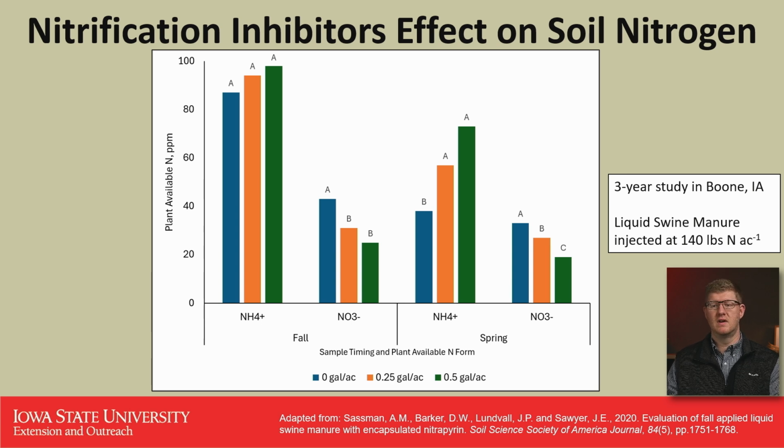And we had lower nitrate where we had the inhibitor products as well. So it's really nice to see that these products were doing what they should be doing, keeping the nitrogen as ammonium and reducing the amount that actually made it into that nitrate molecule. So that's the effect on the actual soil nitrogen.